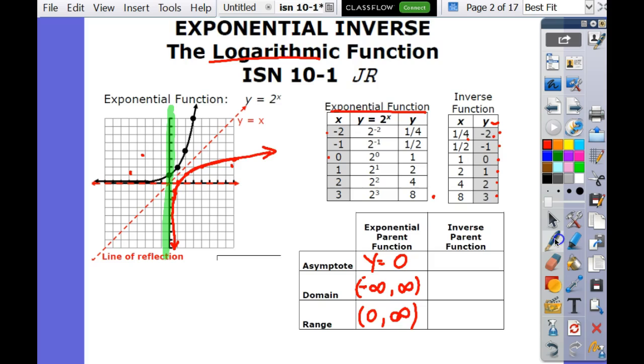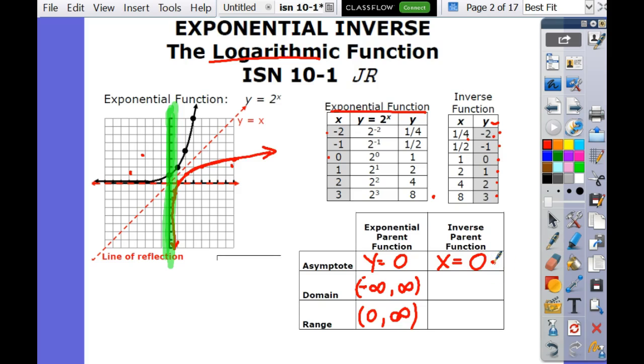Switch the x and the y, so if that's y equals, the inverse is x equals. This right here is the asymptote, and it's x equals because it crosses the x-axis at 0.